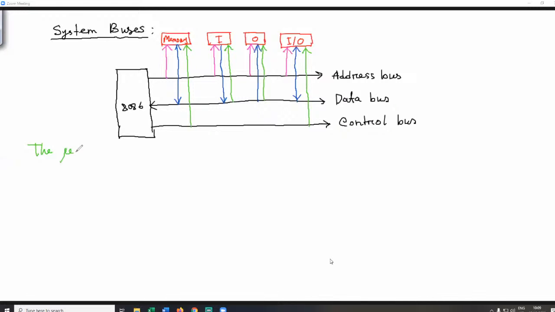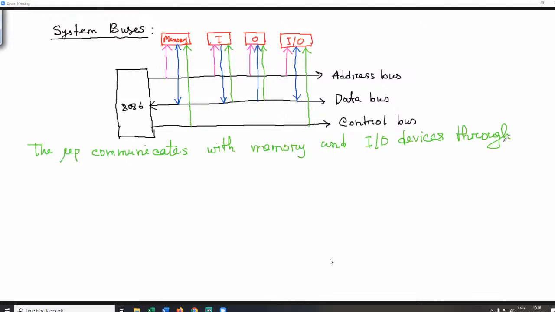the microprocessor communicates with memory and I/O devices through, or using, system bus.